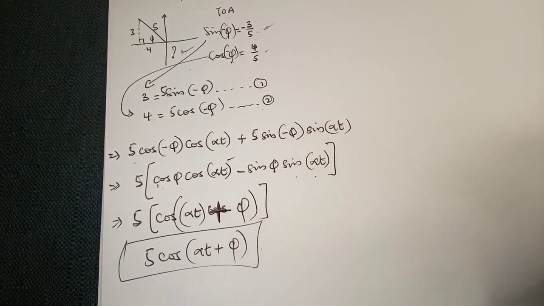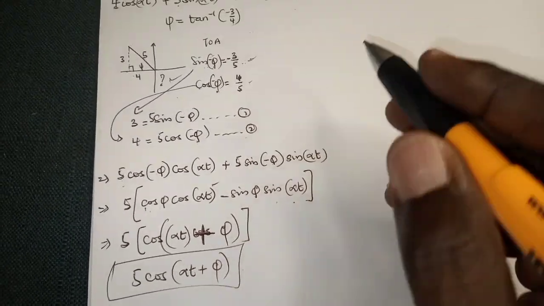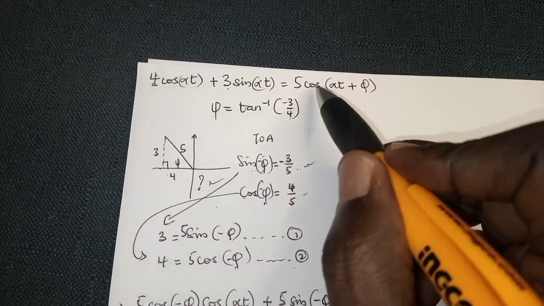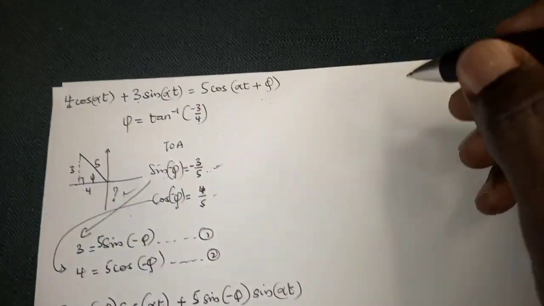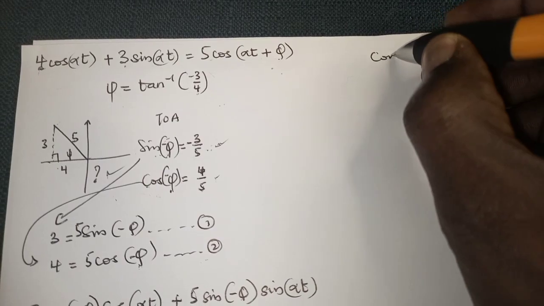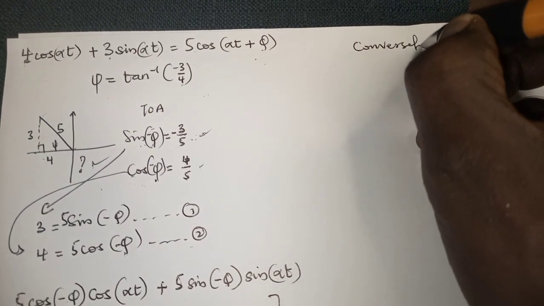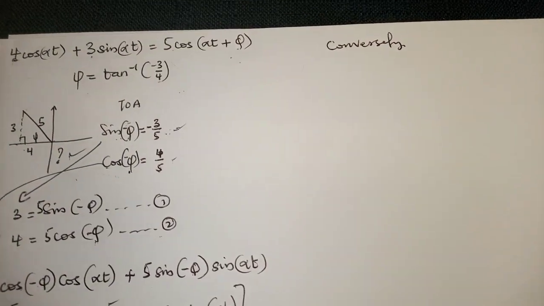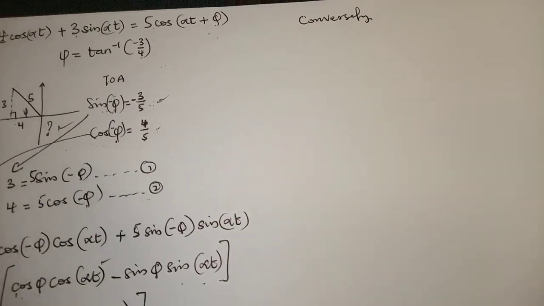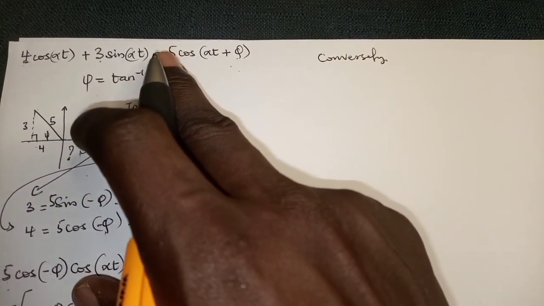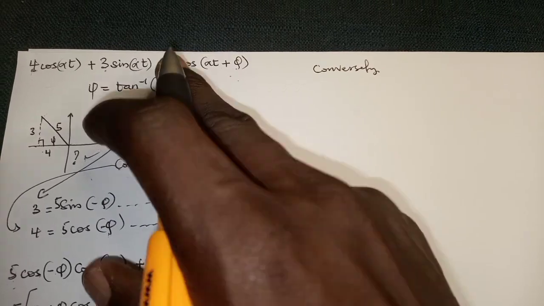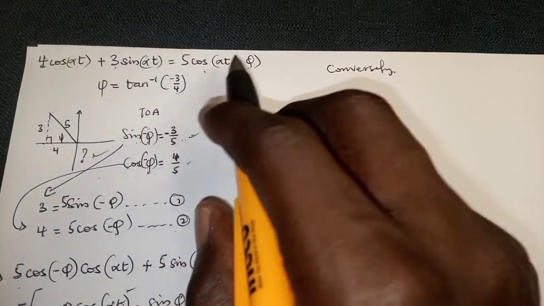Conversely, we may decide to do it the other way around, meaning you may decide to use the right hand side to get this one. Alternatively, what you have to do is just expand the bracket.